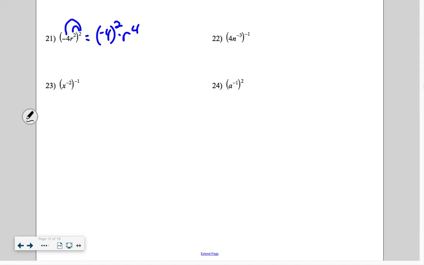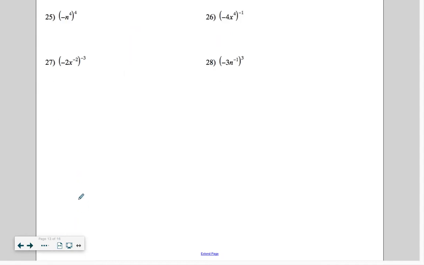Remember, if we have a negative number to an even exponent, it becomes positive 16 r to the 4. Let's sprinkle here. We get x to the power of positive 2. Final answer. Sprinkle here. Now we have a negative raised to the 4th power. That becomes a positive when we multiply the exponents together. A positive n to the 16th power.